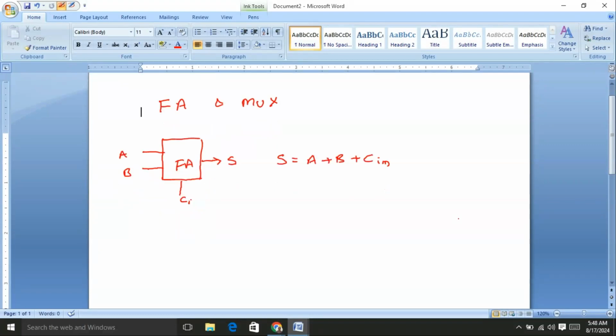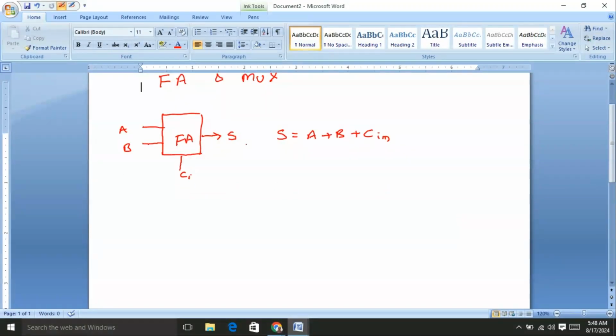In the same way, we know that the multiplexer is also a combinational circuit which is able to take 2 to the power of n inputs and generate one output. That means one of the inputs is turned into the one output based on the selection lines. Now here I am going to consider a 4 by 1 multiplexer.